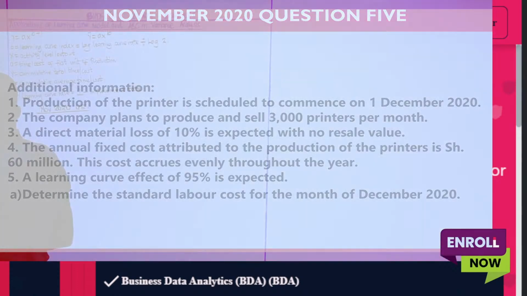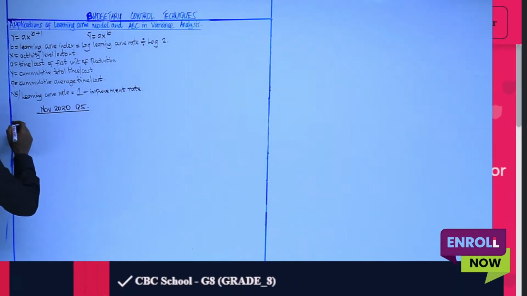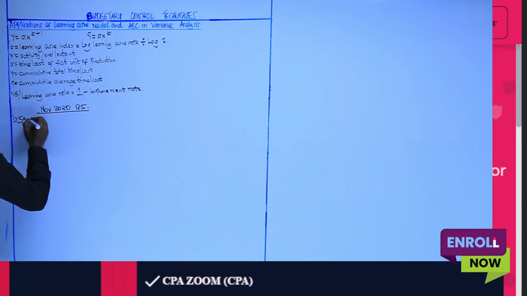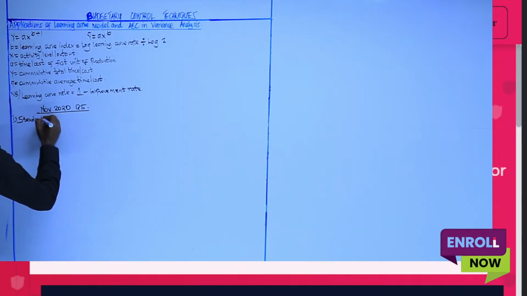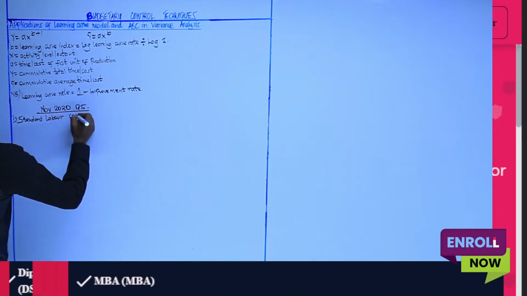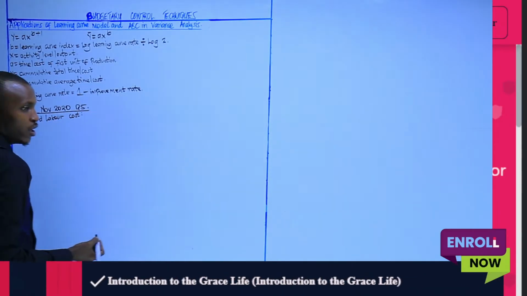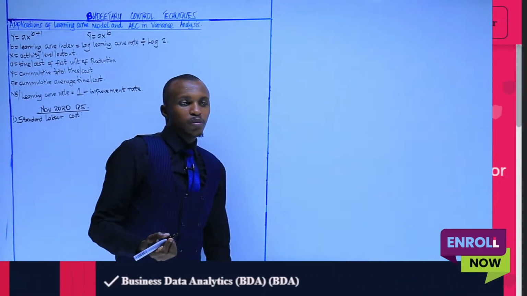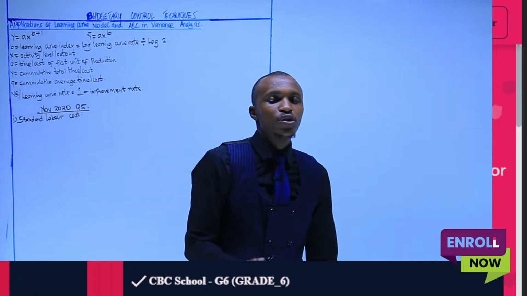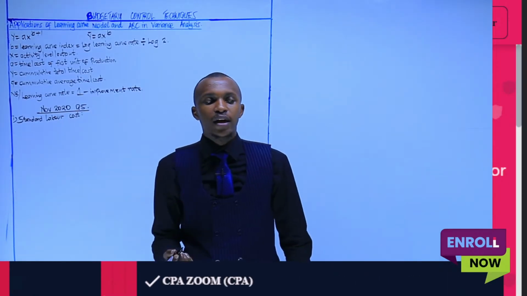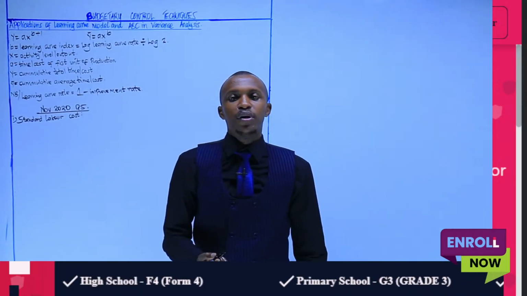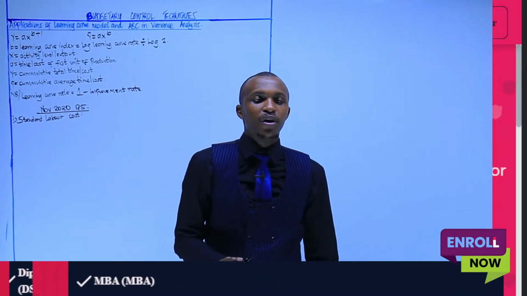So let's start with part 1. I want us to determine your standard labor costs. Now your standard labor cost will be determined by your standard labor hours multiplied by your standard labor rate per hour.